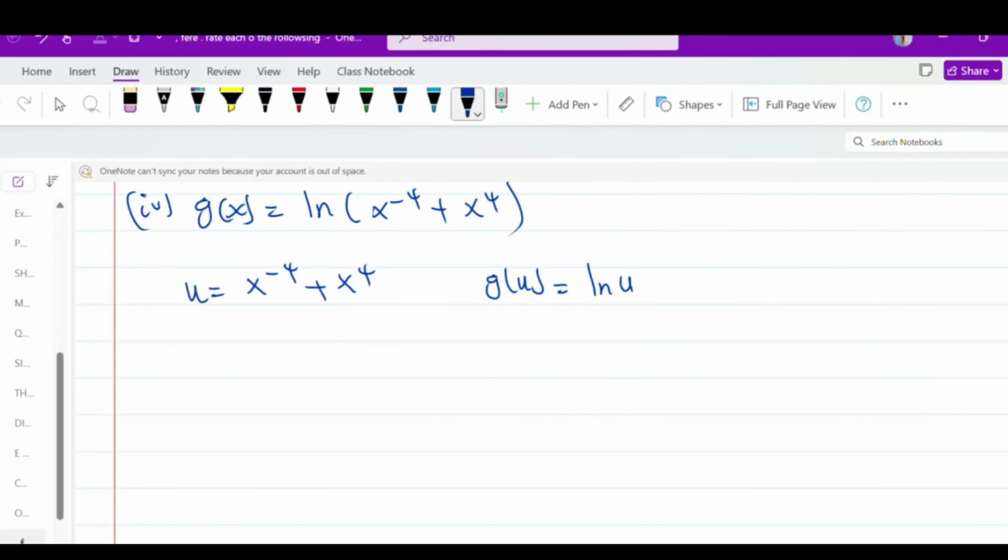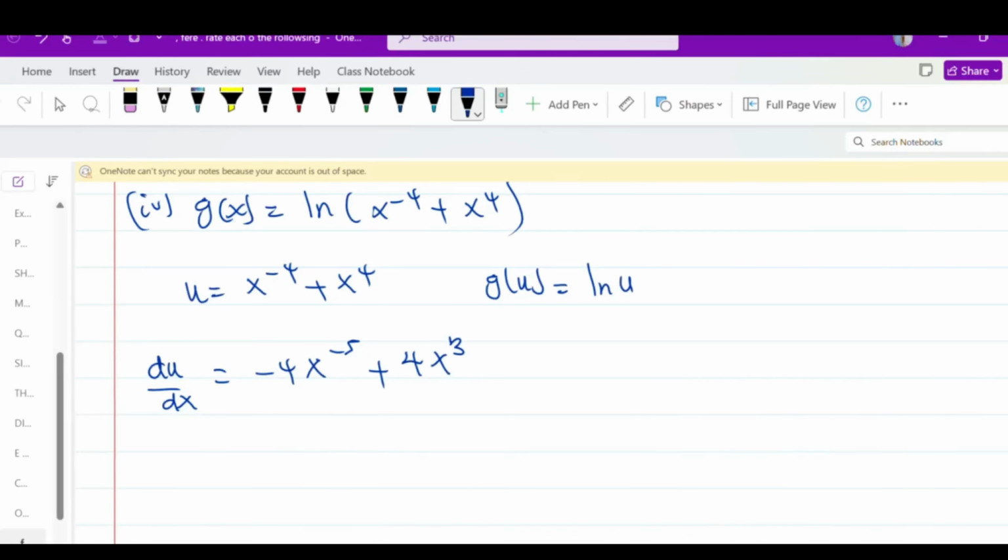So here we find du/dx, which is going to be negative 4x exponent negative 5, plus 4x cubed.